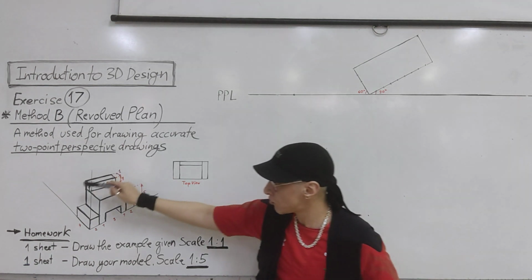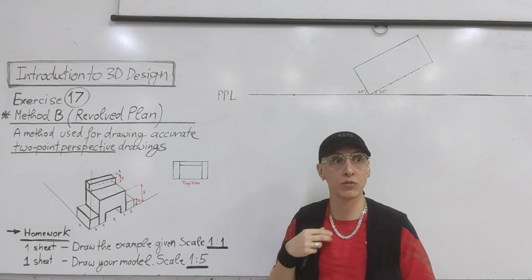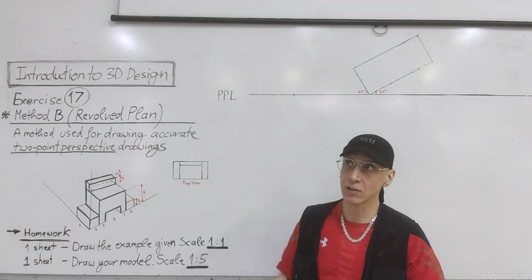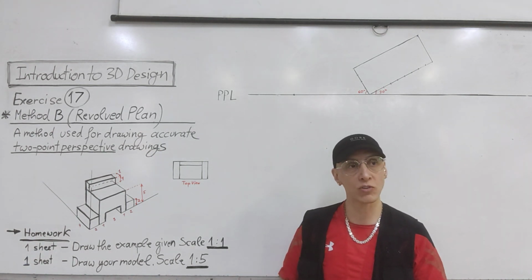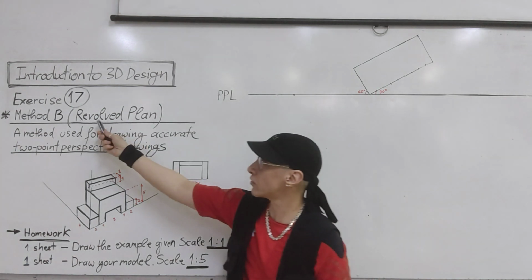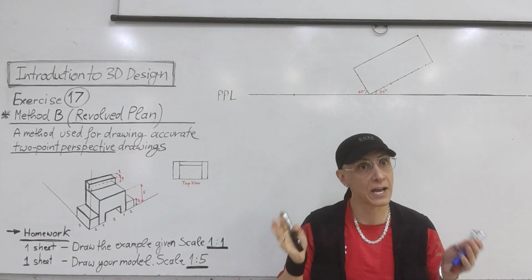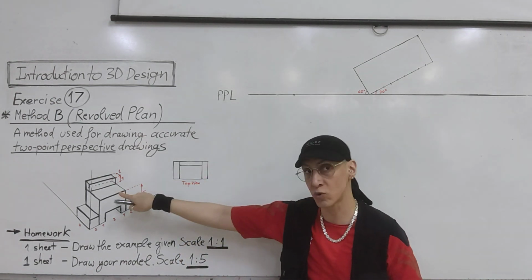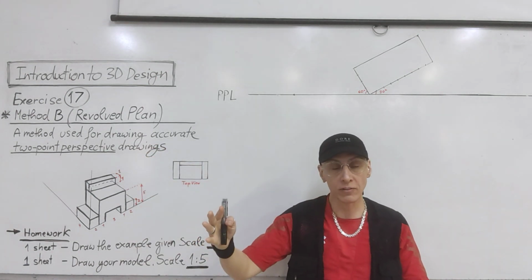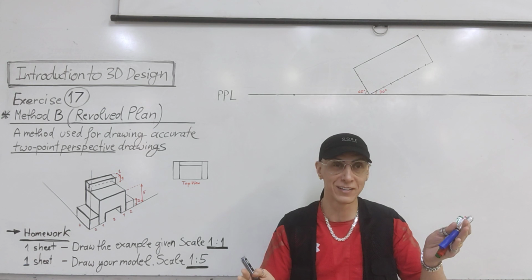So now this object from the top as a top view or plan view, if you're an interior designer in the future, the top view, they call it plan view. That's why it's called the revolved plan, okay? So we have a plan view, which is a top view of an object, and revolved means basically rotated.